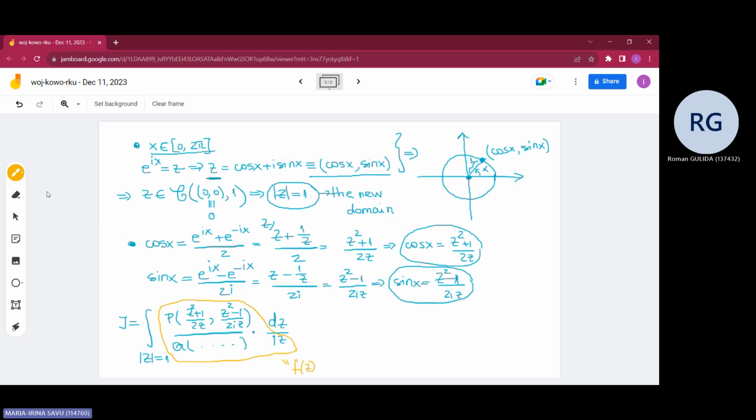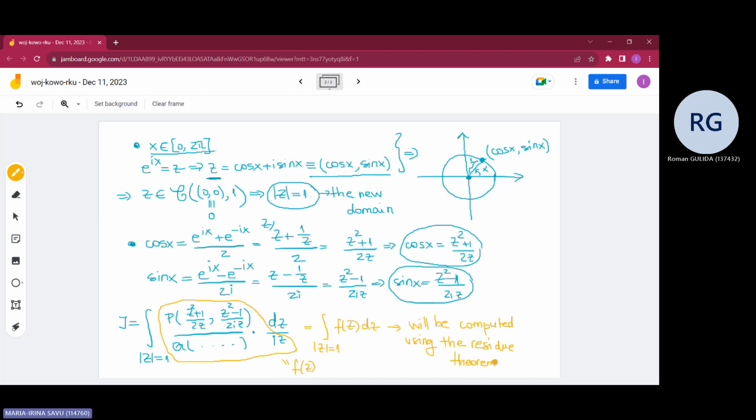And in the end, you will obtain an integral which is computed using the residue theorem.